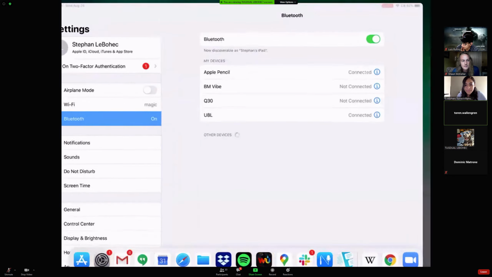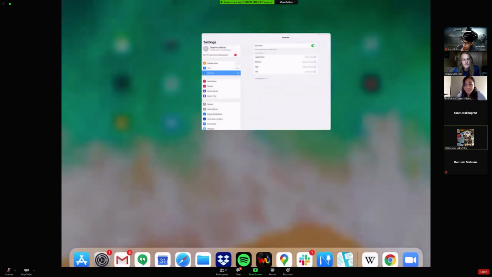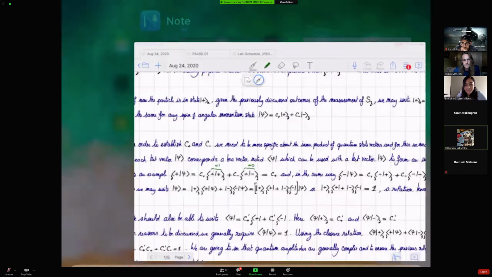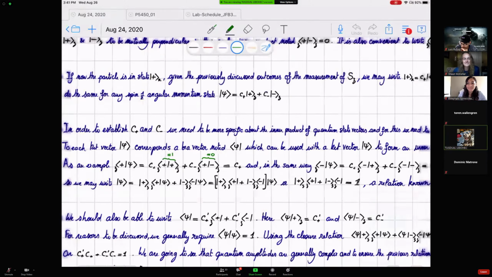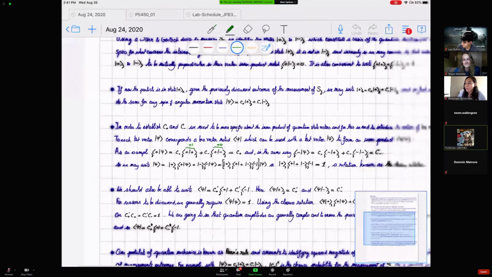Now it says it does. So is it working now? Oh, it's working now. So what did I do to make it work? Just reconnect to Bluetooth. Oh, okay, thank you. I'm sorry, I'm just bad with these things. Okay. So then let's go to the.